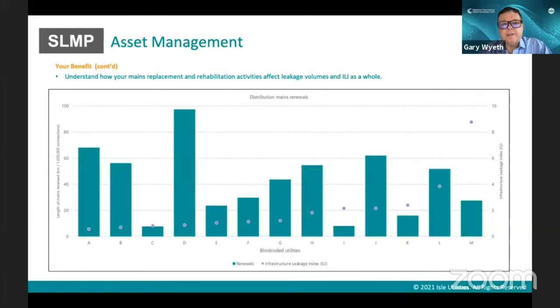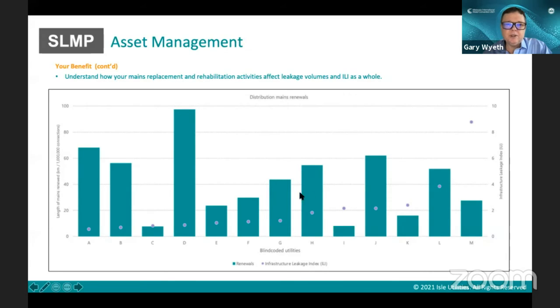And it's important to understand how much mains replacement and service pipe replacement or rehabilitation that you need to do. If you look here, you can see that the purple dots that we have here are actually the ILI, which is the Infrastructure Leakage Index. The lower the index, the better the way the utility is performing.